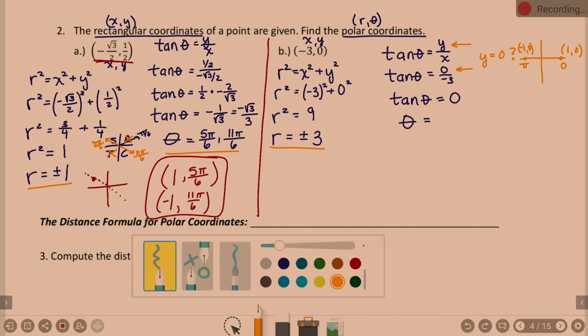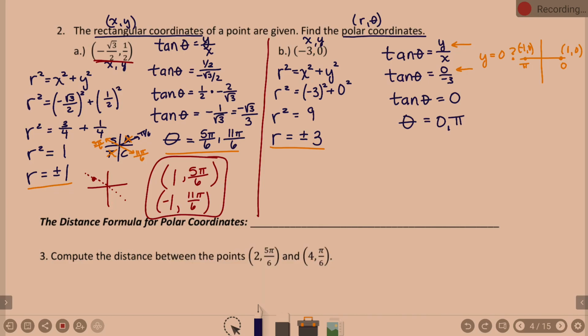So I agree with 0 and pi. Now, question is, give it a moment of thought, how do your r values of 3 and -3 go with my angles of 0 and pi based on where is this original ordered pair?